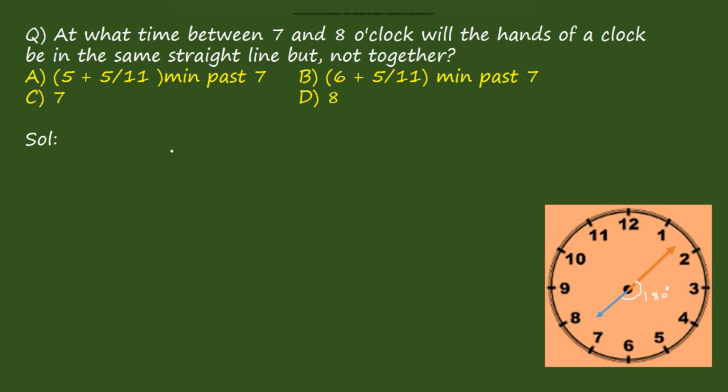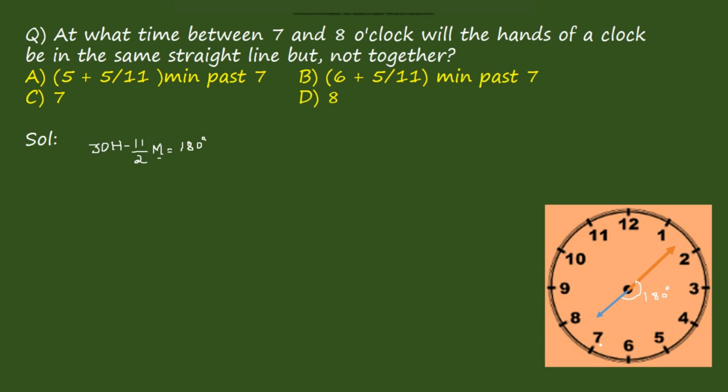So we'll be using the general formula 30h minus 11 by 2 m is equal to 180 degrees. Here h is the hour and m is the minutes.